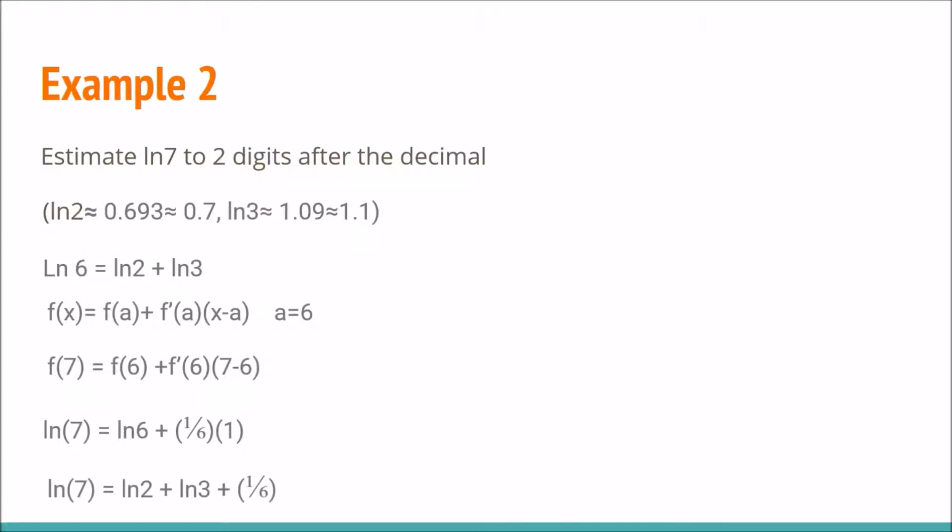The log of 6 equals the log of 2 plus the log of 3. So we can use log of 2 and log of 3 as our reference points.